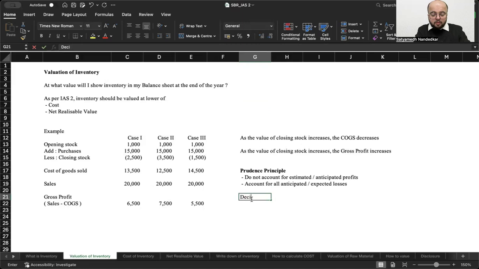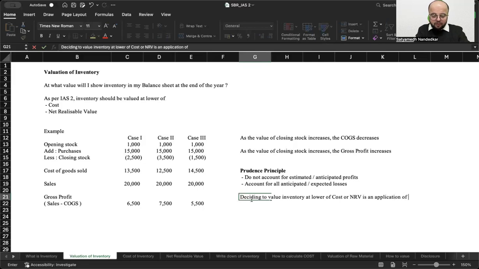Okay. So deciding to value inventory at lower of cost or NRV is an application of prudence principle. When you value inventory at lower of the two values, you avoid overstating profits.